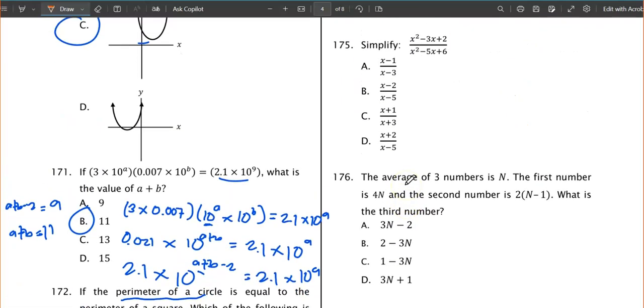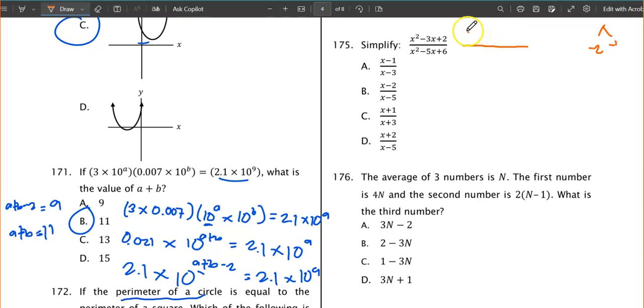175. Simplify x squared minus 3x plus 2 over x squared minus 5x plus 6. So to do this, we'll try to factor the numerator and denominator. X squared minus 3x plus 2. What are the factors of 2 that when added will give you negative 3? Negative 2 and negative 1.